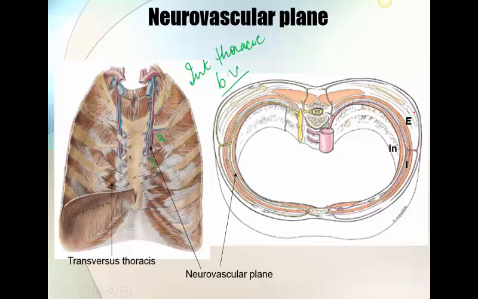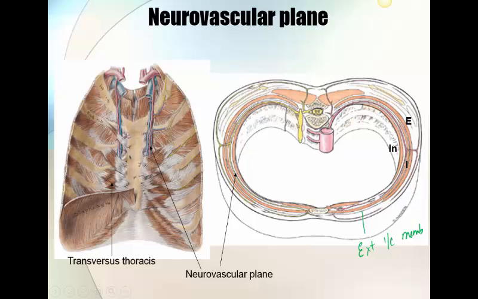This is a horizontal section shown here, and if you look from here, notice the external intercostal coming all the way from the back, traveling up front, and then anteriorly it is replaced by the external intercostal membrane. So this part here is the external intercostal membrane.